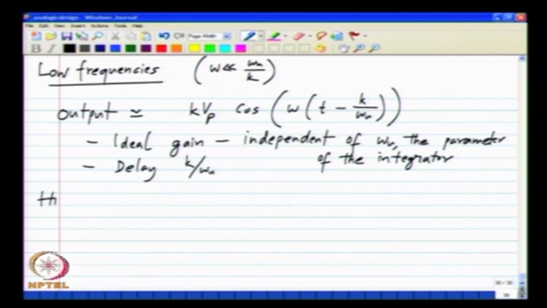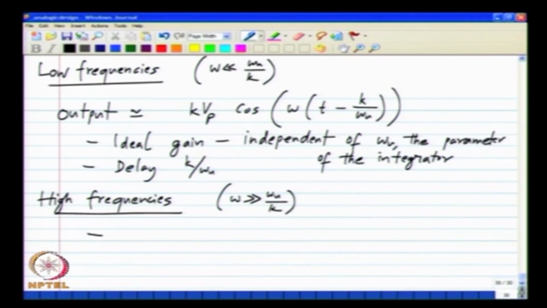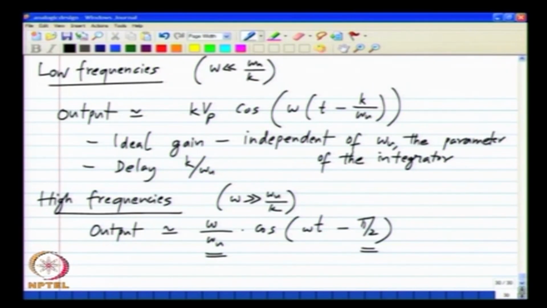And for high frequencies, now the gain is not dependent on k. So, the output is given by, so the gain is omega u by omega and the output is out of phase with the input.